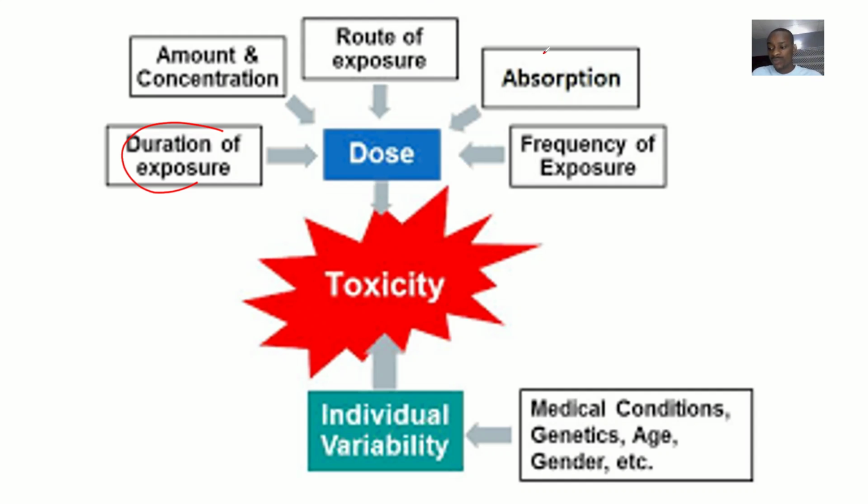The frequency of exposure: how often are you exposed to the toxin? But here we are picking just one of the factors. I brought this picture here because you should know that there are other four factors. So they can coin another question on toxicity, but they are not using duration of exposure. So try to know these other ones too, please.